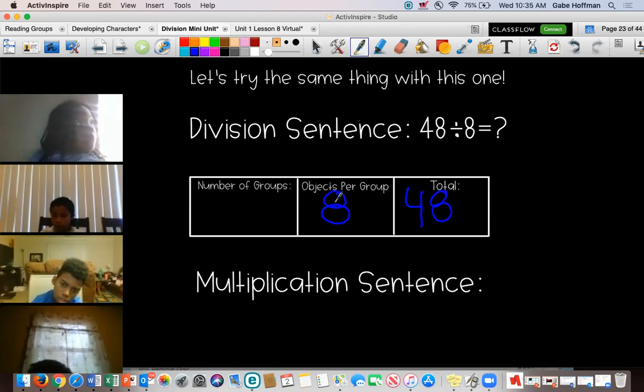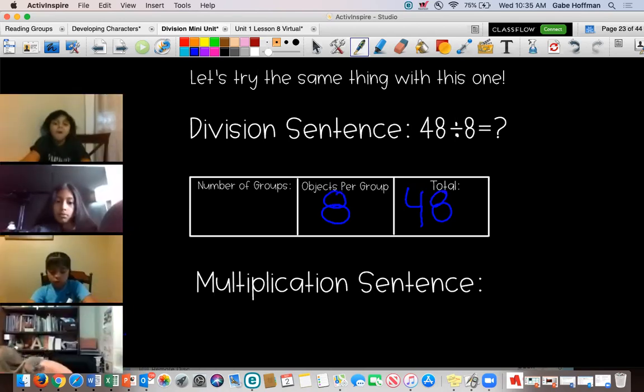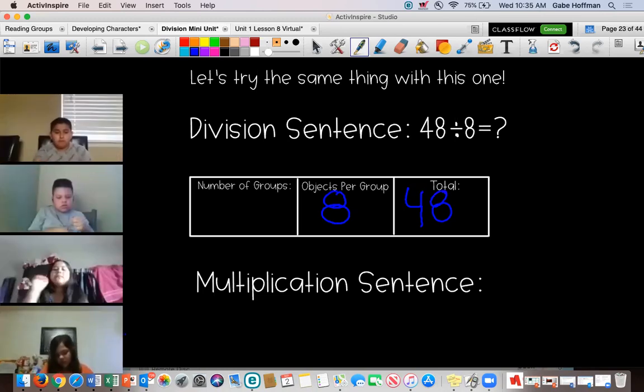Okay, and then how would I turn this around using my chart to make it a multiplication sentence instead of a division sentence? Where am I going to put my 48? Guadalupe, where am I going to put my 48?